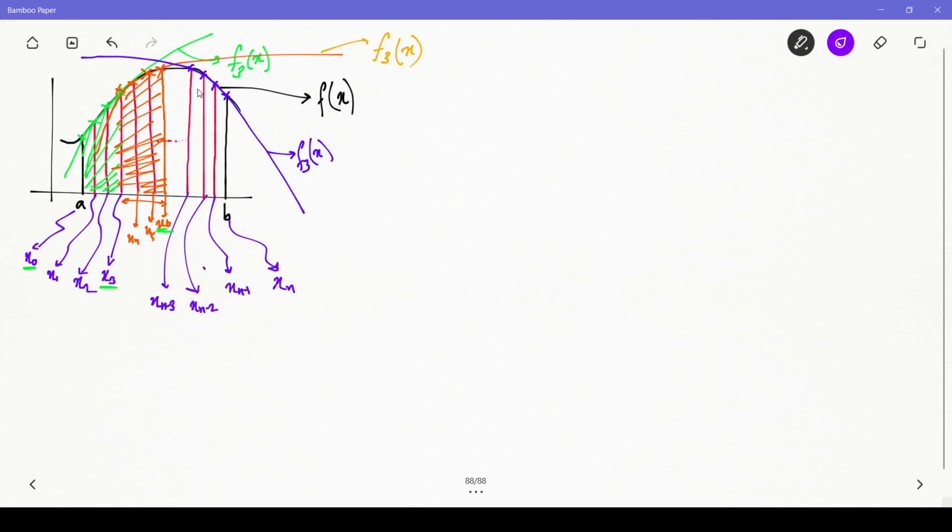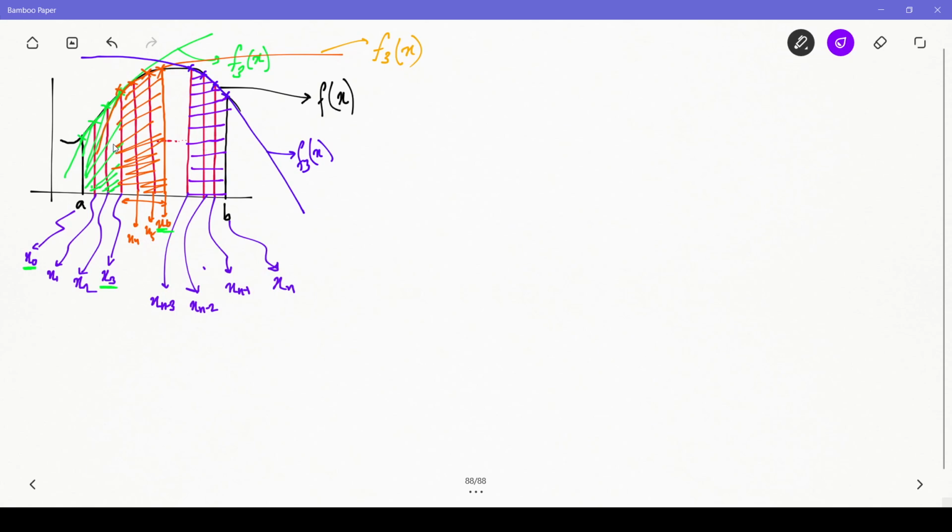So what do we do now that we know the third order polynomial that passes through these four consecutive points? We say that the area underneath the original curve of f of x, for this subinterval from x sub n minus 3 to x sub n, has a rough approximation: the area that we have shaded using purple over here.